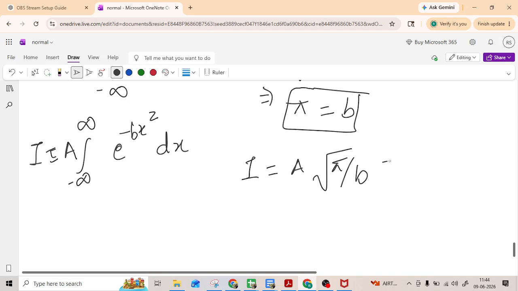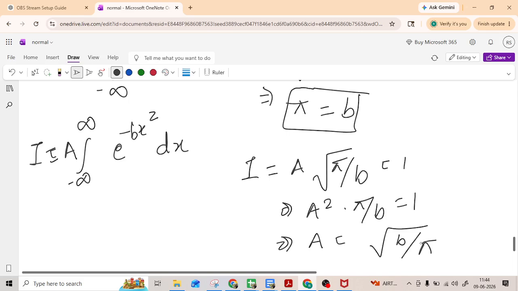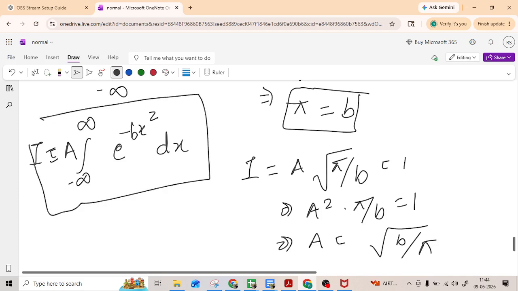Now this can become equal to 1 because of the interplay between a and b. If you square this, a square into pi by b equal to 1, which satisfies the condition that a would be equal to root b by pi. So if that condition is satisfied, we will have this equal to 1.